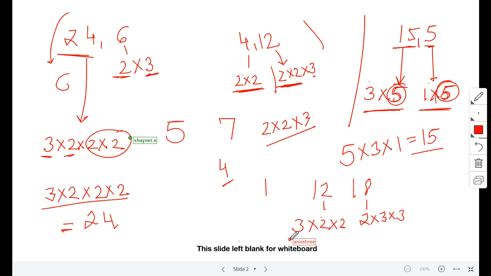Now look out what are the common numbers that you can see.